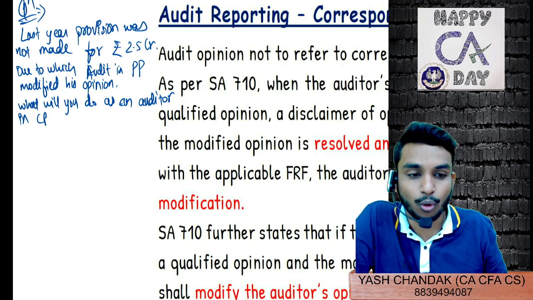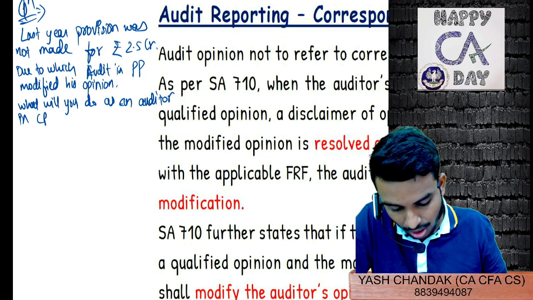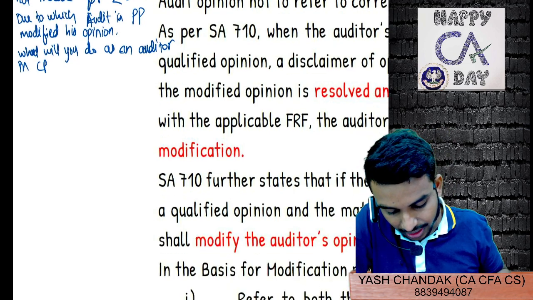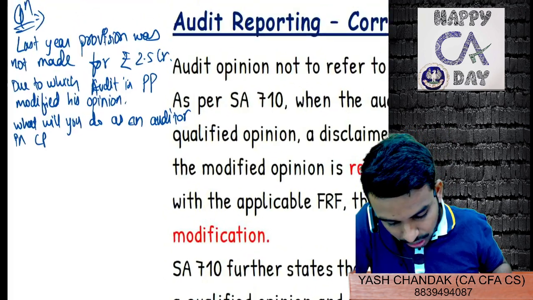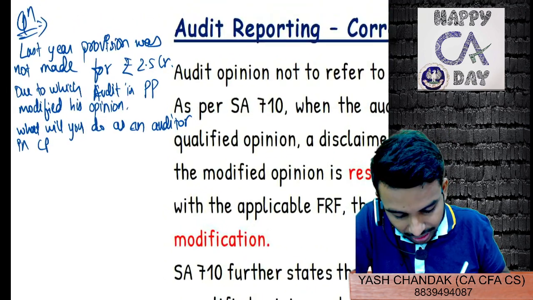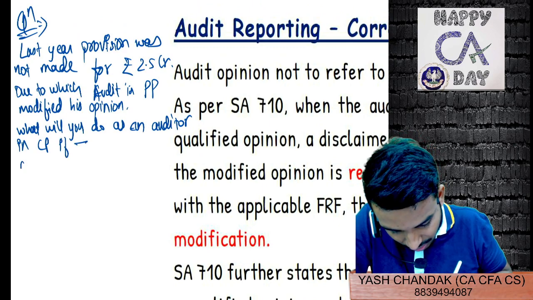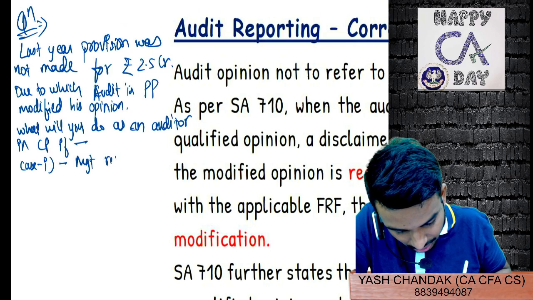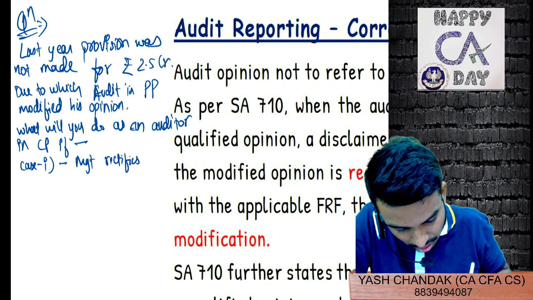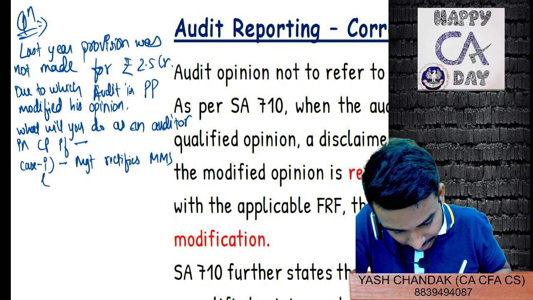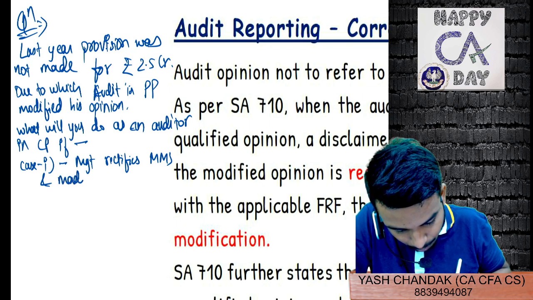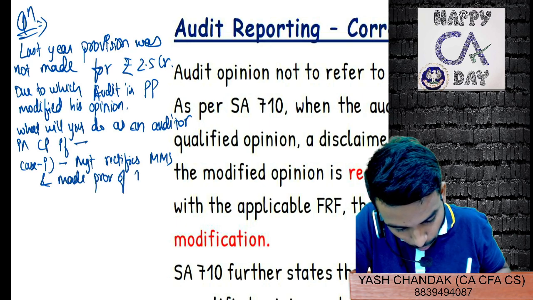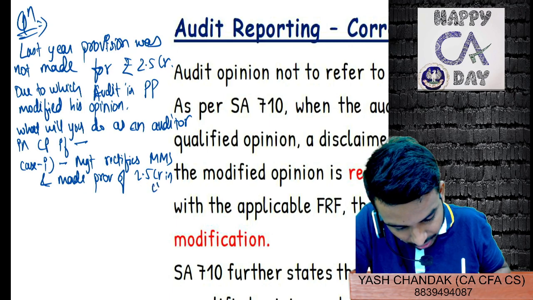Yes, then Lakshmi will come on to that also. That question also will come back. Now look at this question: what will you do as an auditor in the current period? Case 1: management rectifies the MMS and made a provision of 2.5 crore in the current year.